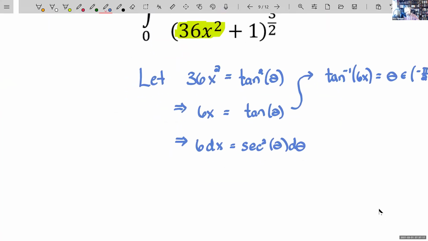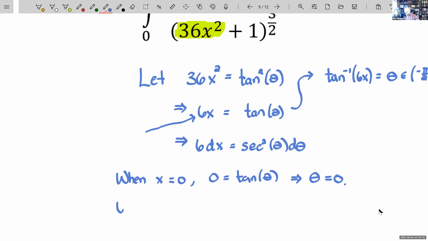So when x is equal to 0, that's our lower limit of integration. I'm just going to use this equation right here. If x is 0, then 0 should equal the tan of theta. That is, theta has to be 0.